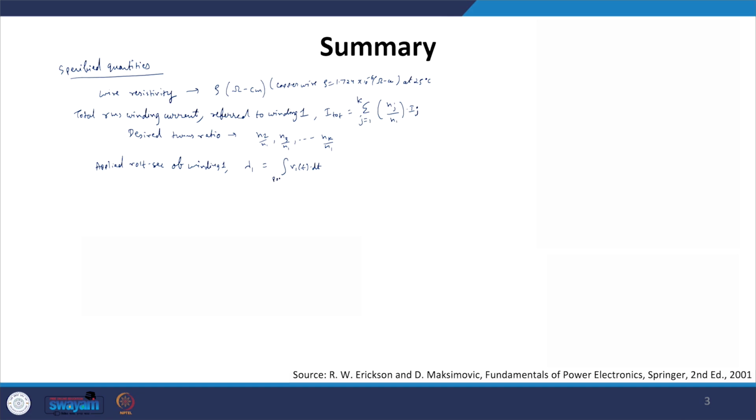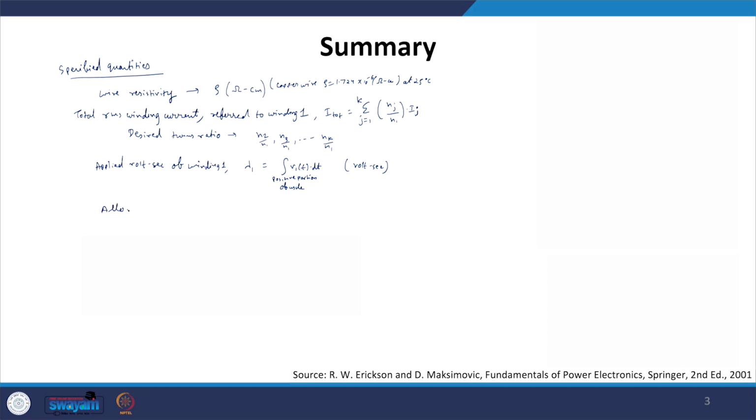This is for the positive portion of the cycle, because if we consider the negative portion then overall it may lead to 0. So, we can just do it for the positive portion of the cycle, and this is defined in terms of volt-second.